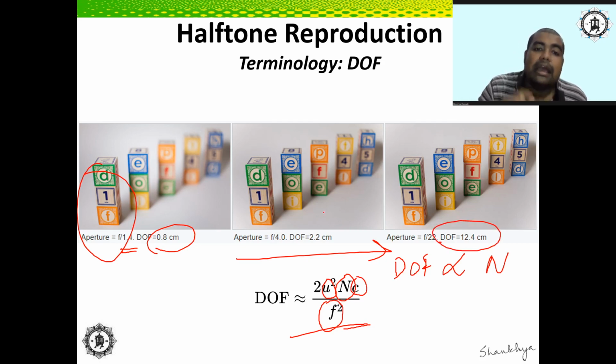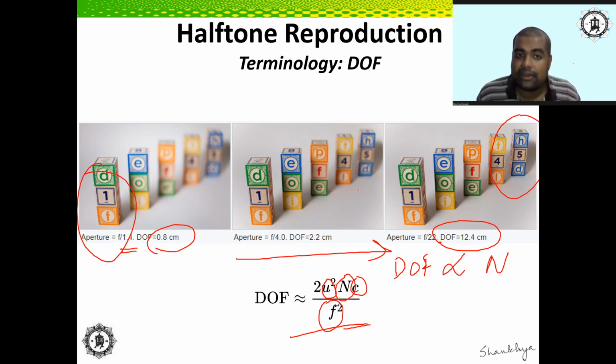That means increasing the f number increases the horizontal distance up to which your camera can sharply focus on objects. When the f number is very high, even the object placed farthest from the camera is photographed very sharply. So increasing the f number increases the depth of field, right?